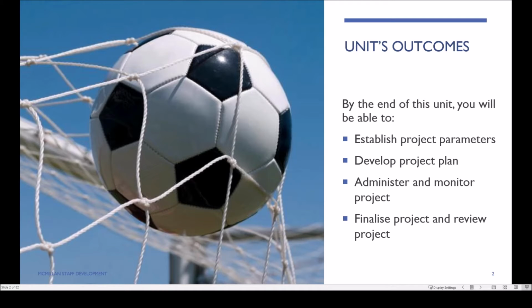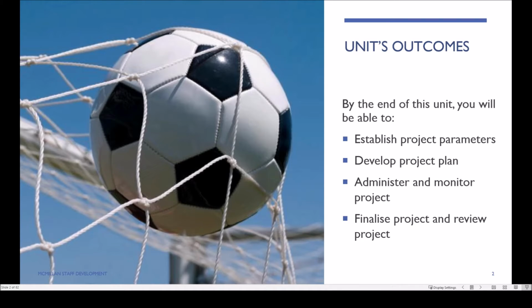You need to be able to administer and monitor a project and finalize a project and review the project on its completion. So they're the 4 outcomes as determined by the unit of competency and the 4 that we're going to need to work through this unit.